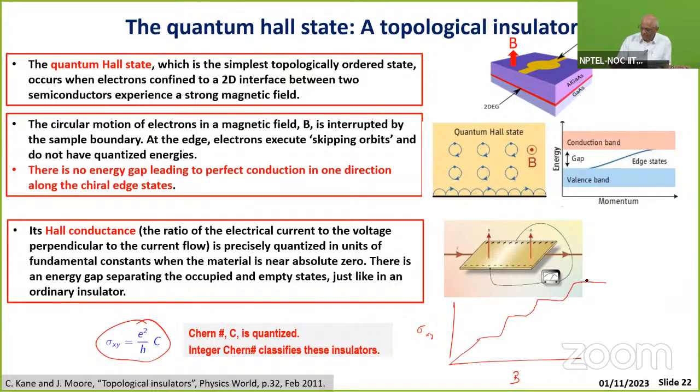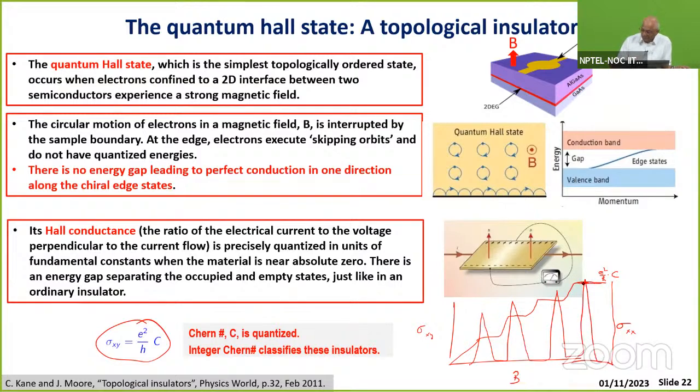And all these plateaus correspond to C squared over H, where C is an integer. So C is varying, that's why you get different plateaus. And wherever there are plateaus, the log sigma xx will be 0. So you will see it like this.